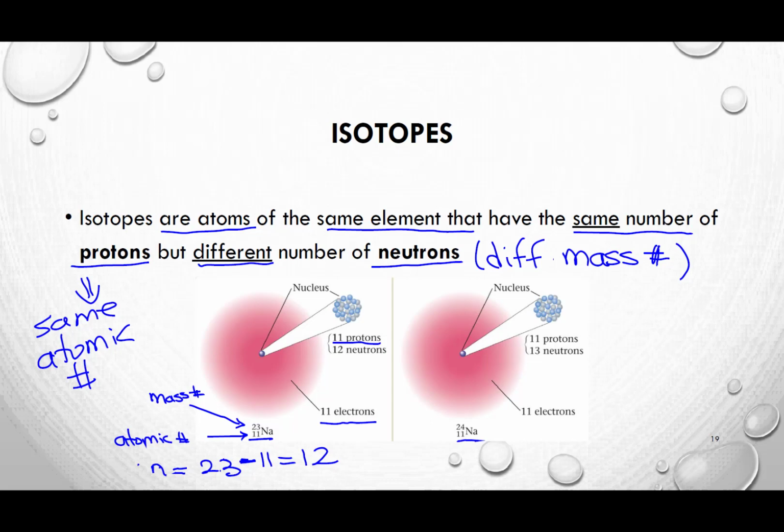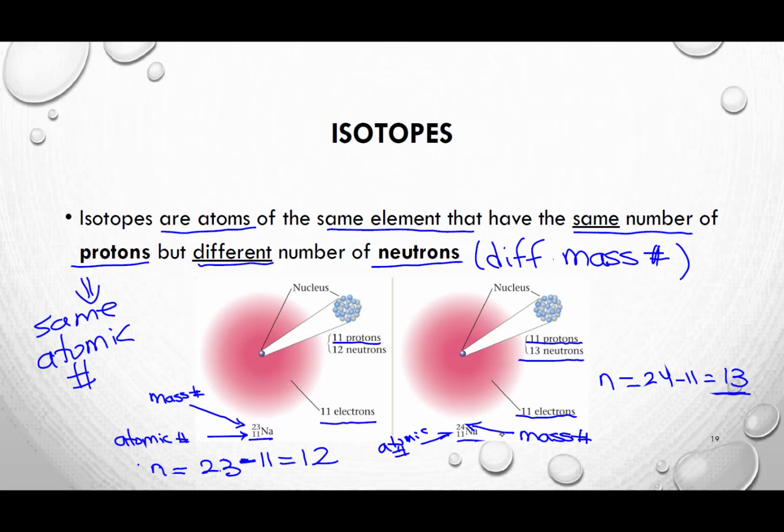Now if you look at the second isotope of sodium, again 11 is its atomic number. As you could see, it's the same. It's 11 protons, and since it's neutral, it will have 11 electrons. And 24 is its mass number. Then its neutrons are going to be 24 minus 11, which is 13.